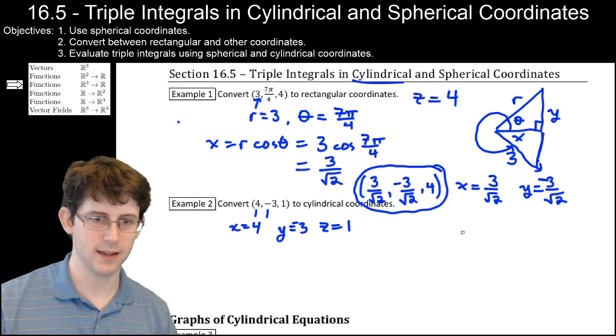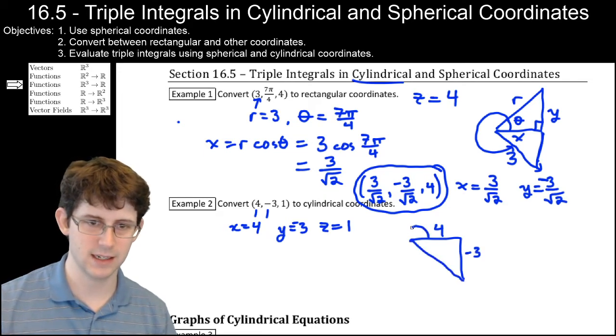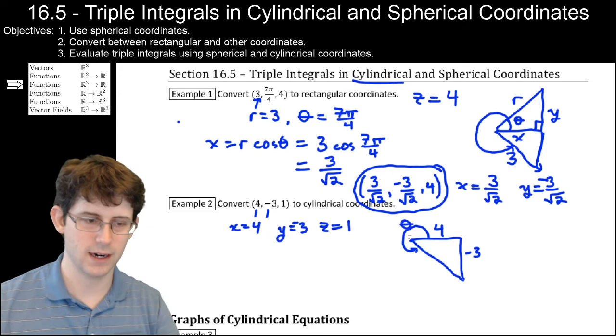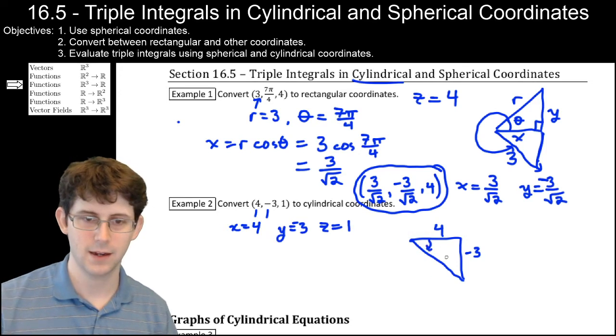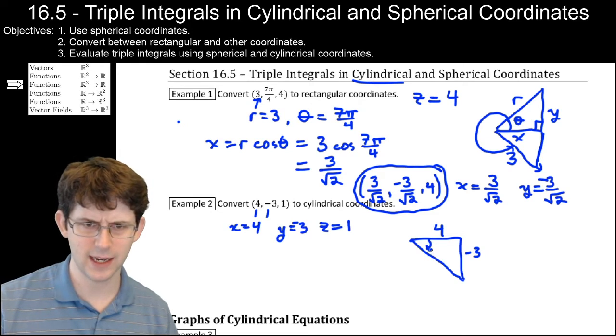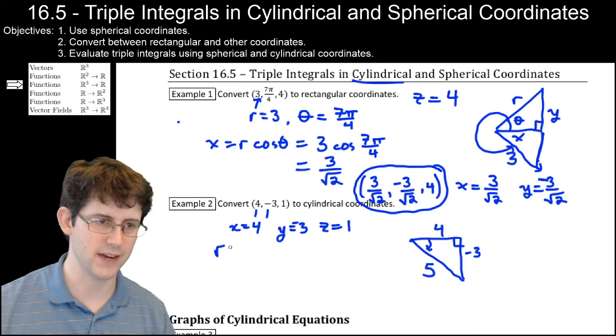So let's do that. I'm going to go over 4 and down 3. Theta is this angle. Or I could think of theta as the negative angle that goes down this way. Okay, a 3, 4, 5 right triangle is a thing, so r is 5.